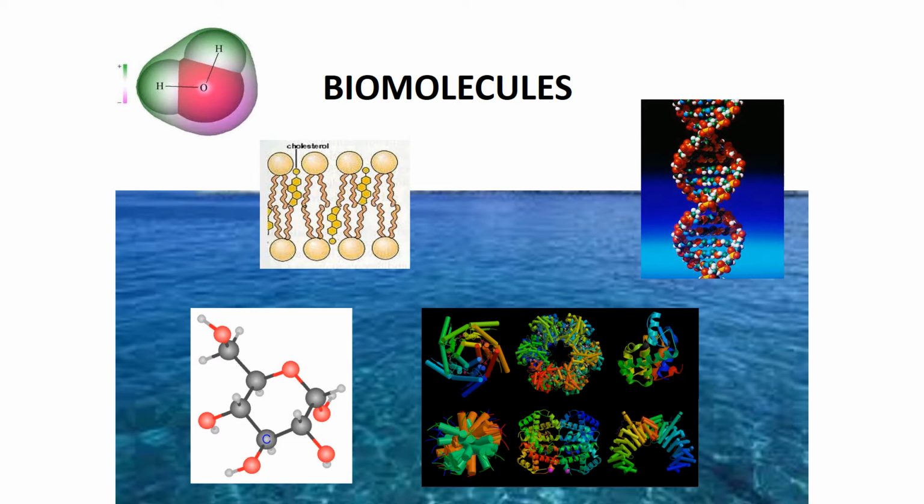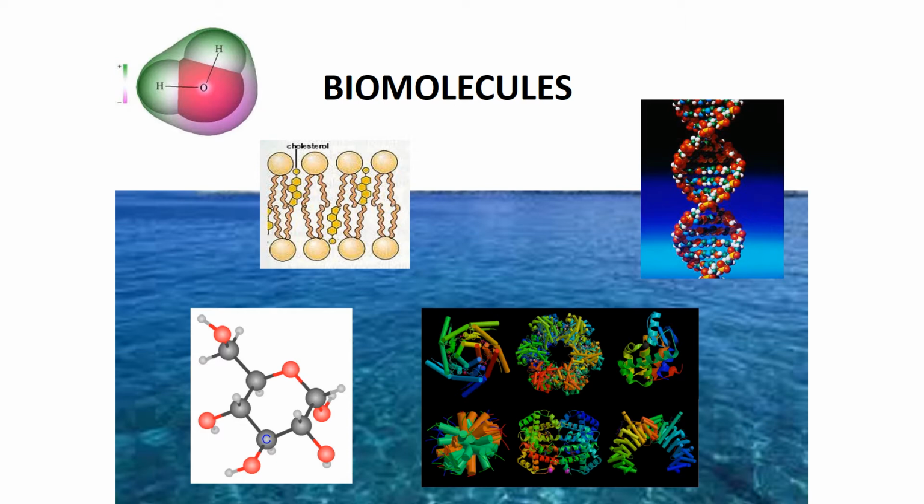Okay, so let's talk about the four biomolecules of life. The four biomolecules of life are lipids or fats, nucleic acids, so DNA or RNA, carbohydrates, and then proteins. Now, in my case, in addition to these four biomolecules, I'm also going to include water.